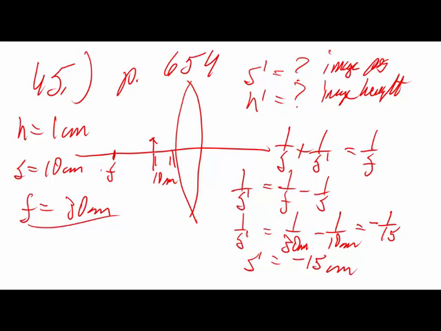Now how do we get the image height? Well, that last result is the image distance, not image height. The image position, or image distance. Now how do we get image height?